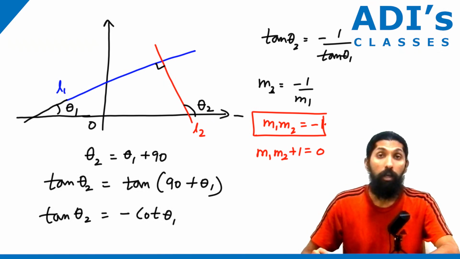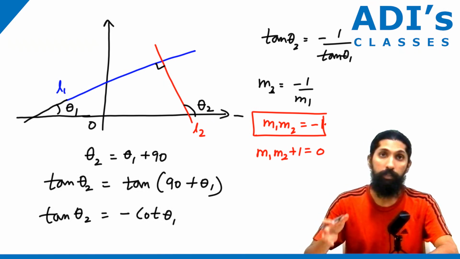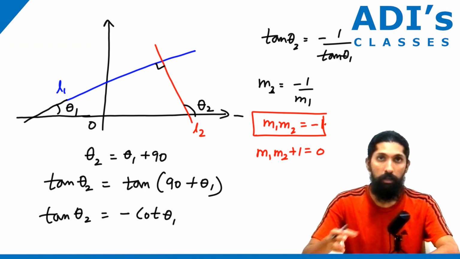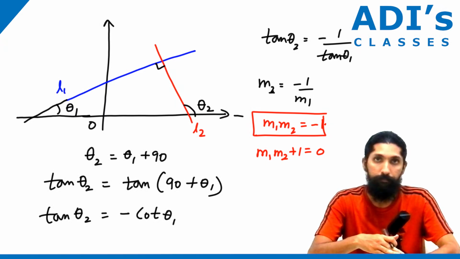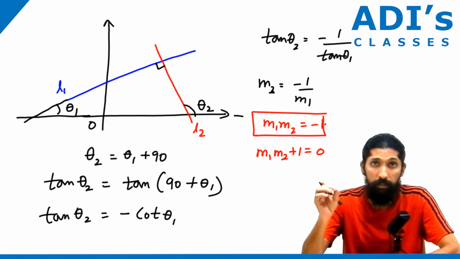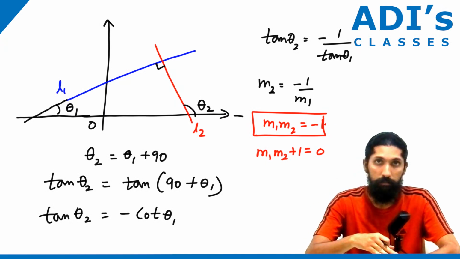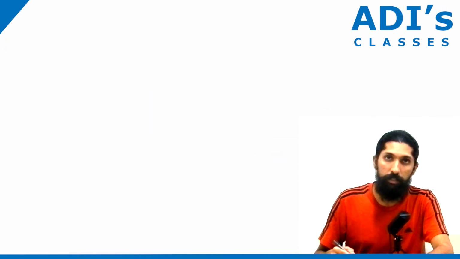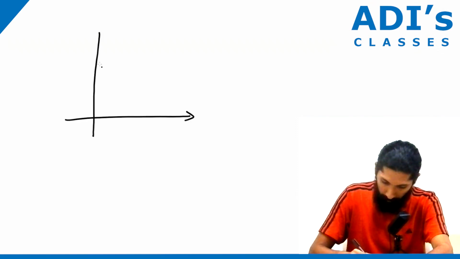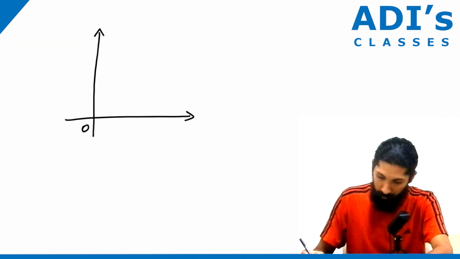Got it? Now we'll look into the next case, the more general case. Suppose you have two lines, and the angle between them is theta. How do we calculate the angle between the two lines? Let's look into it now. Again, we start with the x and y axis. First you have the y axis, you have the x axis, origin 0.